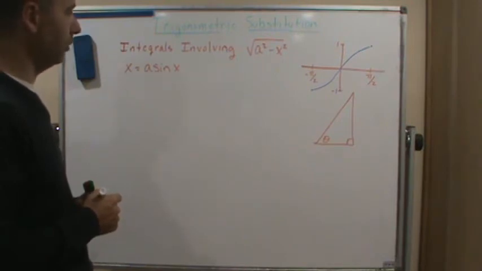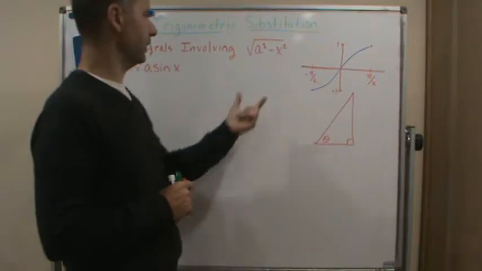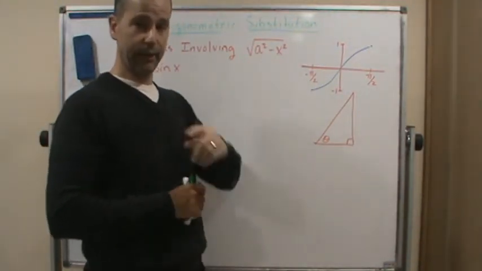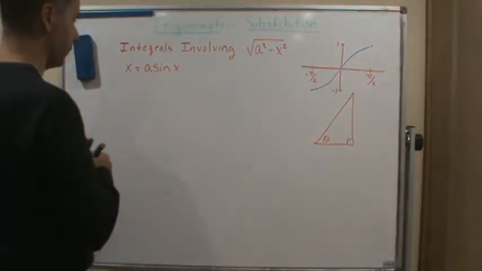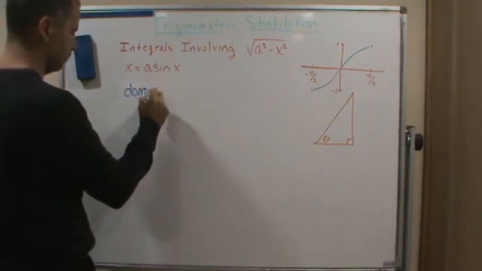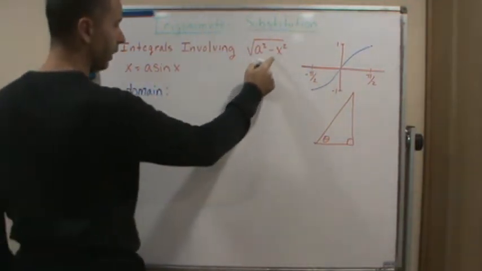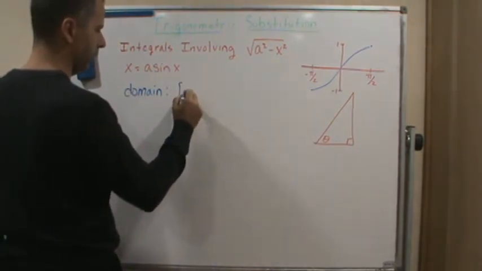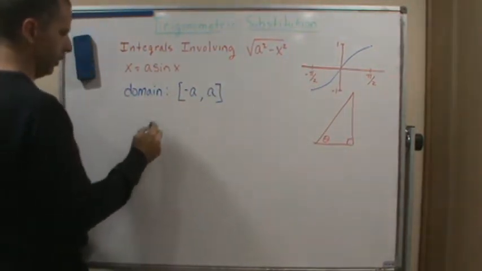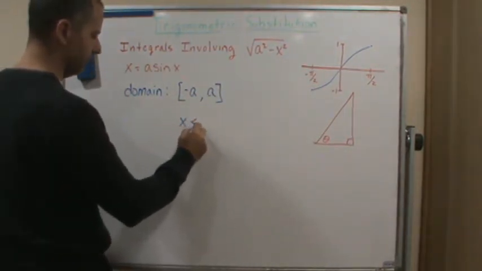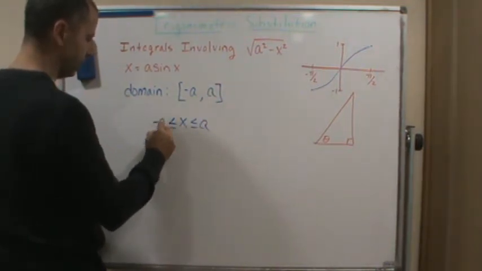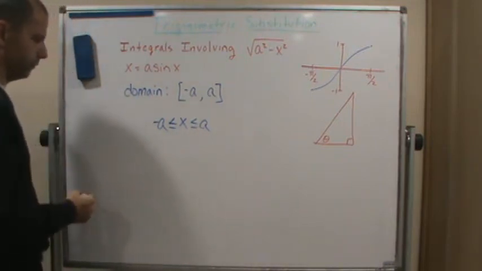So the domain of this function is from -a to a, which means that x is greater than or equal to -a, and less than or equal to a.